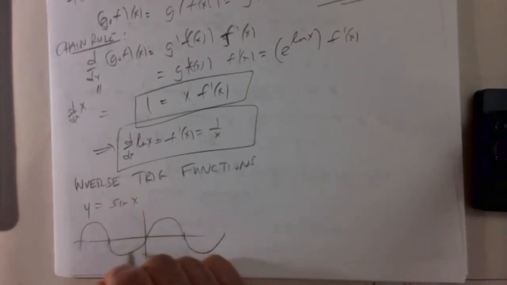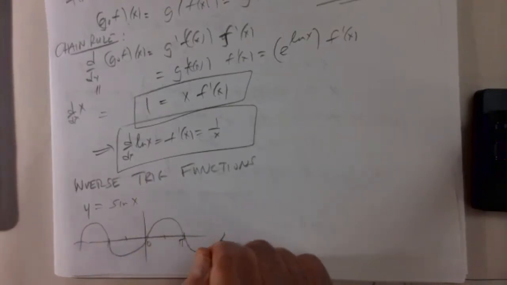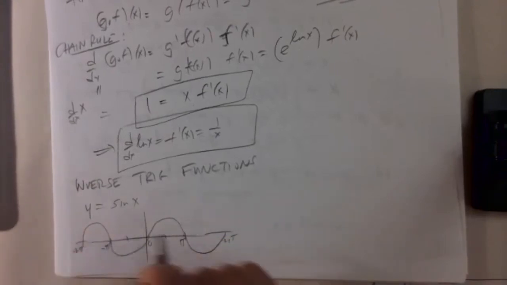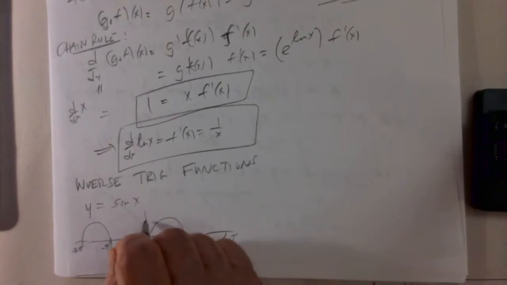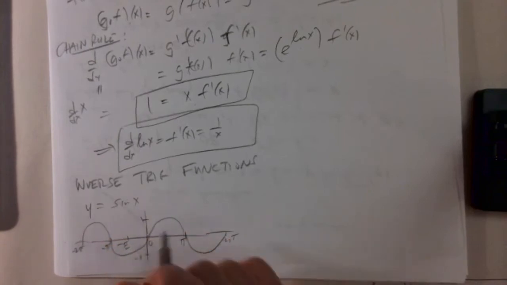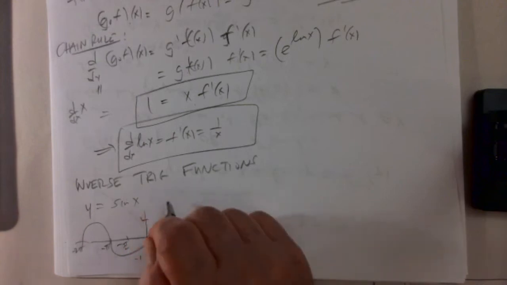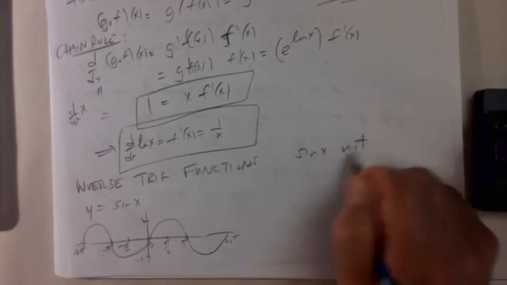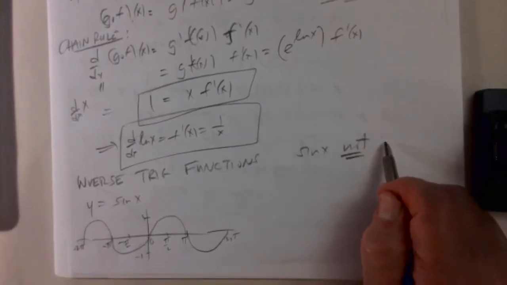Looks like that. 0, pi, 2 pi, minus pi, minus 2 pi, minus pi over 2, plus pi over 2. The sine goes from -1 to 1, but it oscillates. It's not 1 to 1. So sine x is not strictly increasing or decreasing.